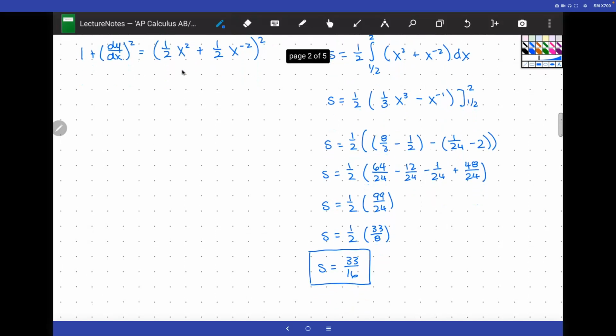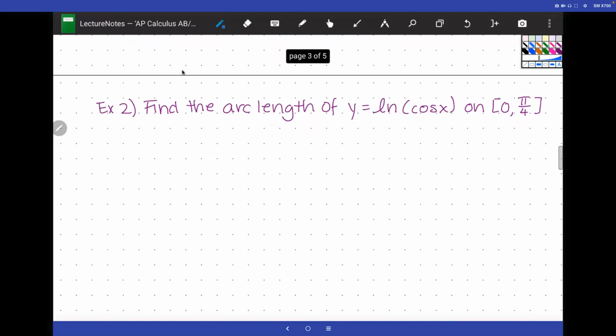All right. Anybody still need this? Okay, here's your next problem. So go ahead and find the 1 plus the derivative squared first, and we'll check in with that. So again, you at home, pause the video. Try it on your own.